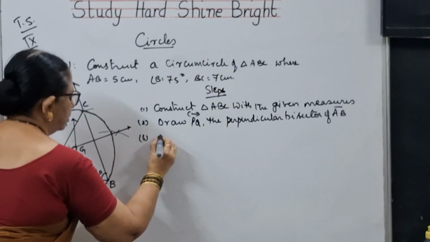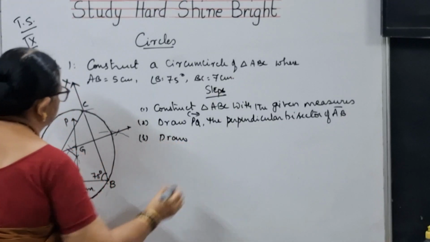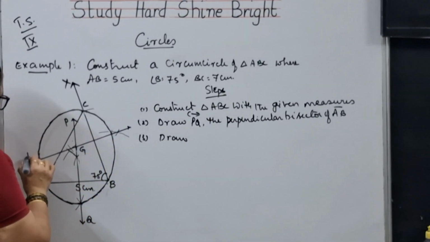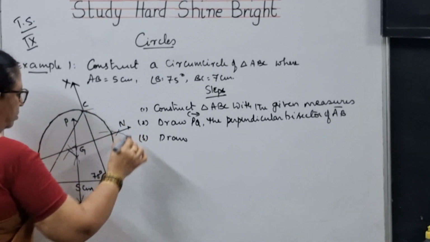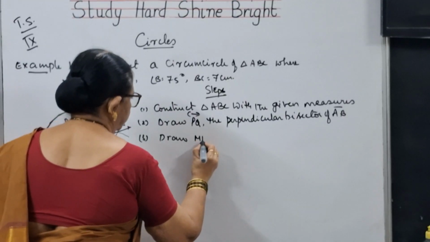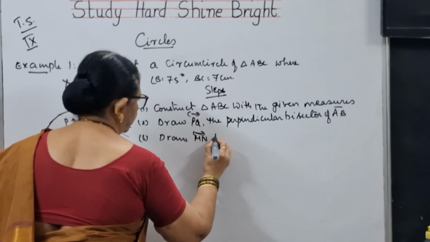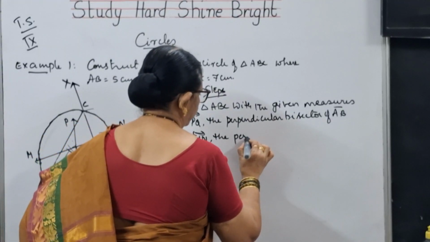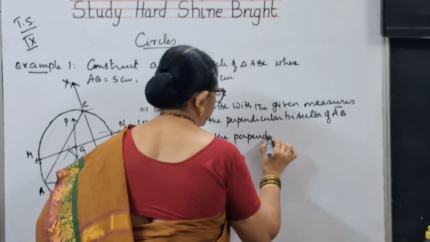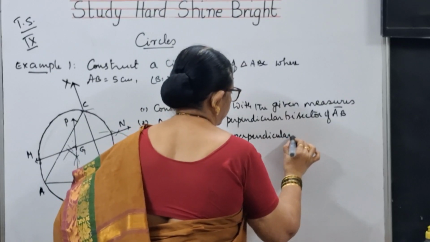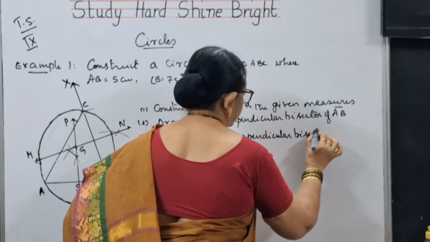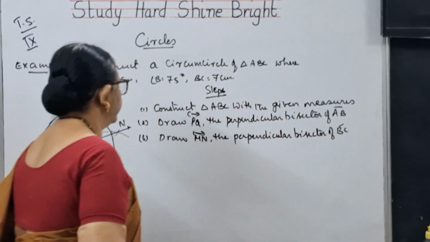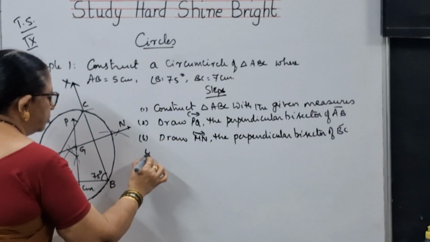And third one, draw, we call it as MN. Draw MN, the perpendicular bisector of BC.